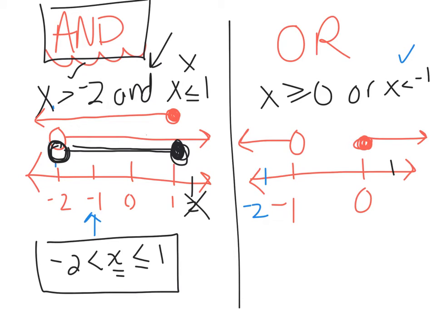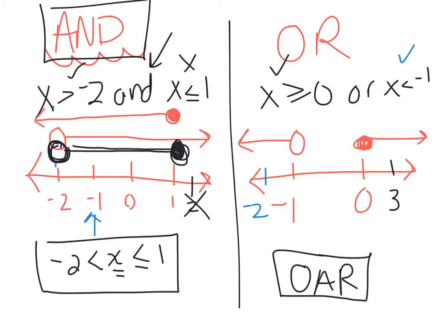The number 3 would also be a solution because 3 satisfies one of the inequalities. So the graph of an "or" compound inequality kind of looks like oars in a boat. That's how I remember what the graph should look like for "or."